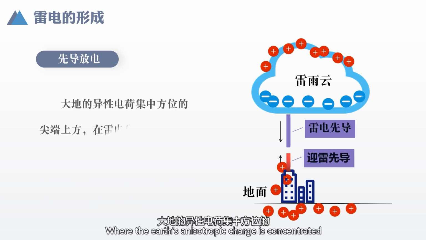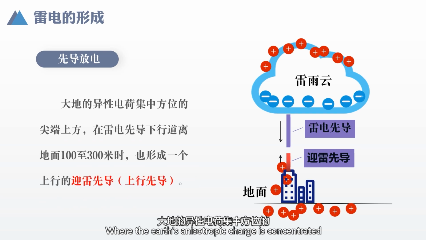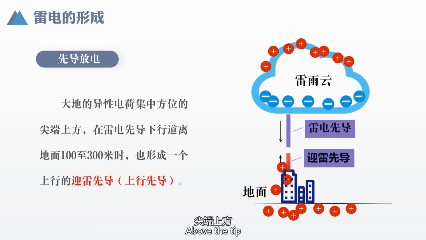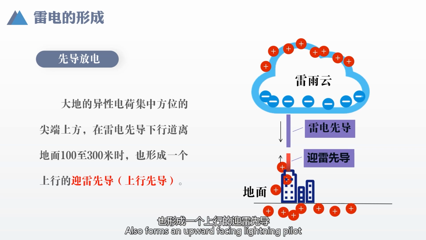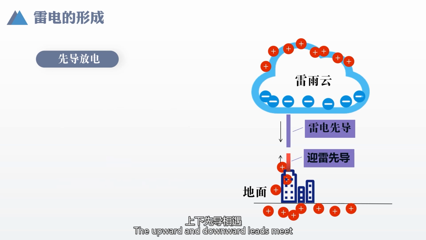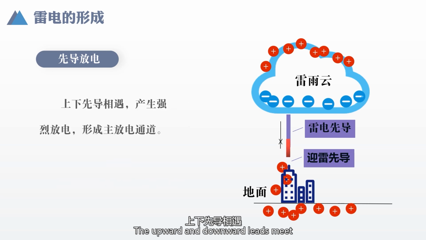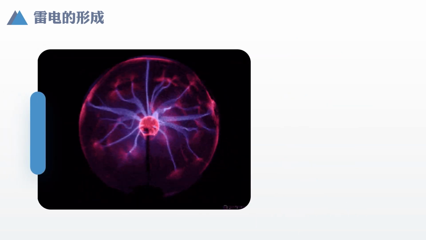The opposite charge on the earth is concentrated above the tip of the lightning pilot, and 100 to 300 meters above the ground an upward-facing lightning pilot also forms. The upward and downward leaders meet, creating a strong discharge, forming the main discharge channel.